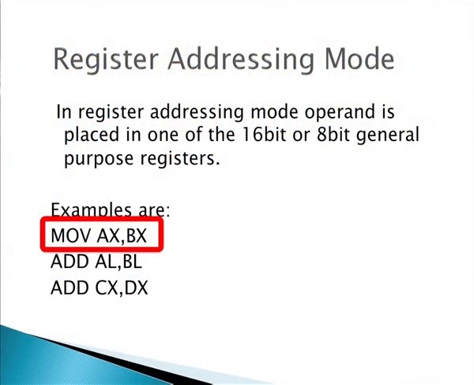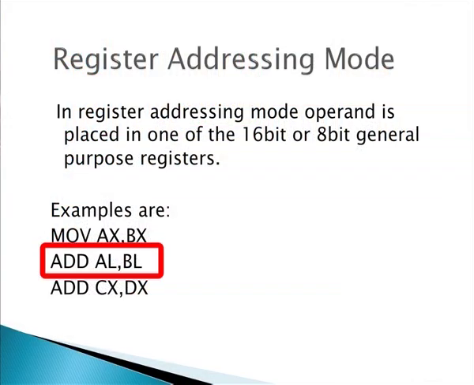The instruction MOV AX, BX has the register addressing mode because the operand lies in register BX, and this operand will be copied to register AX. As we have used AX and BX, the X represents 16-bit operation. Whenever an X is used in an 8086 instruction, it means the operation will be performed on a 16-bit operand.